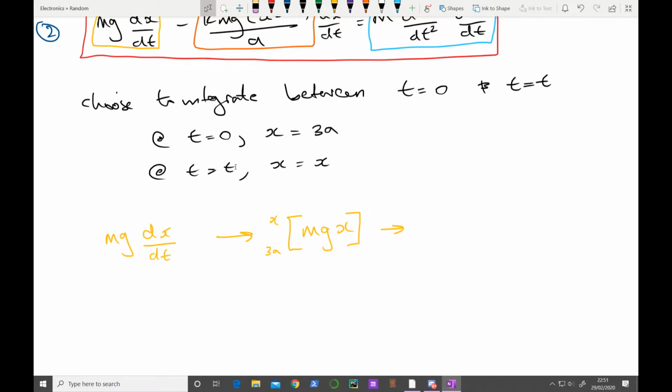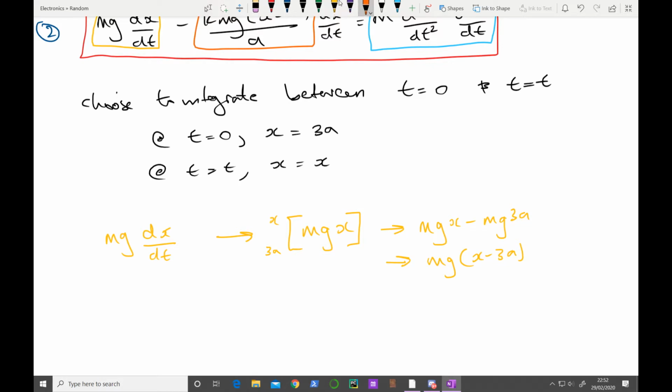And that's simply going to give me mg x minus mg 3a, which is going to give me mg x minus 3a, which is simple enough.